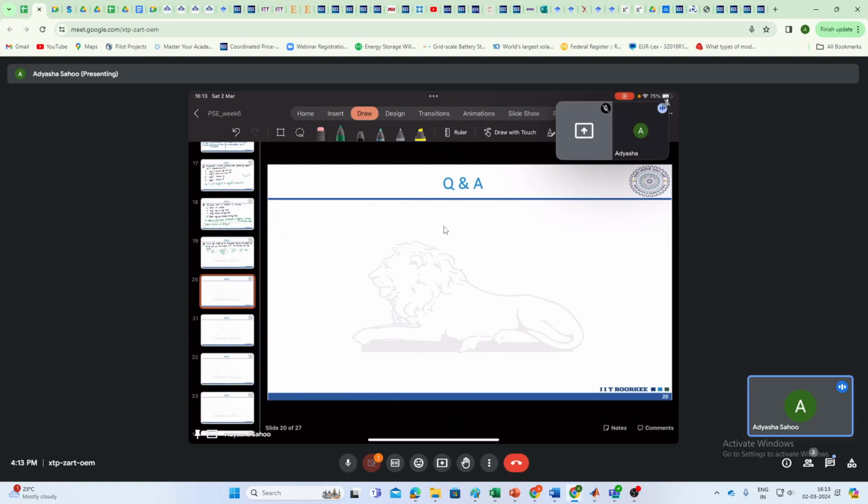Now next question. The sag of the conductors of a transmission line is 3 meter when the span length is 200.